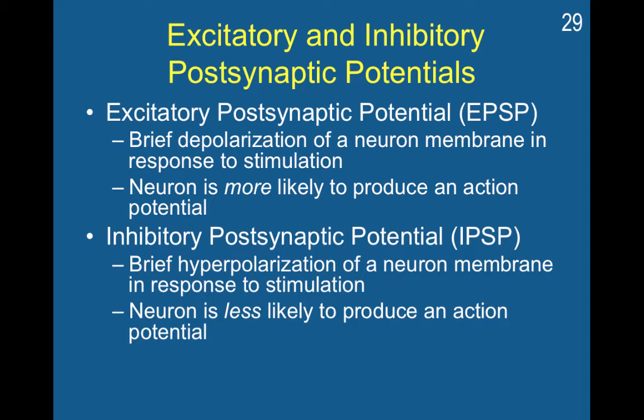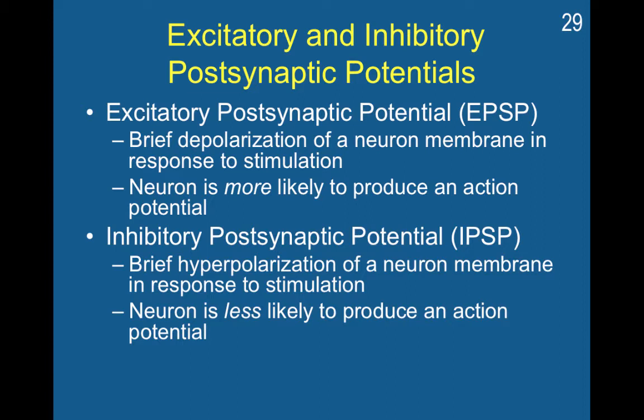This is a brief depolarization or increase in positivity of the neuron membrane in response to stimulation that makes the neuron more likely to produce an action potential. Inhibitory postsynaptic potential, on the other hand, known as an IPSP, is a brief hyperpolarization, making the cell more negative in response to stimulation. This makes the neuron less likely to produce an action potential.